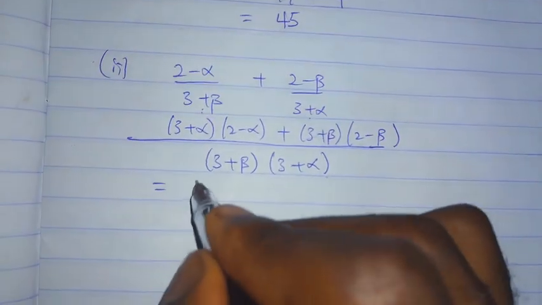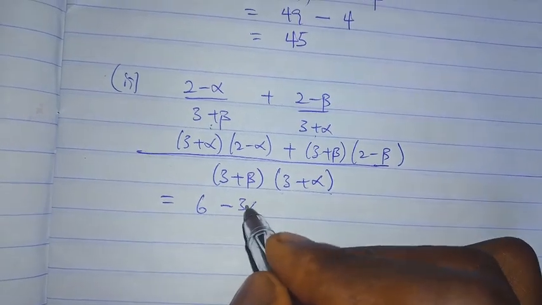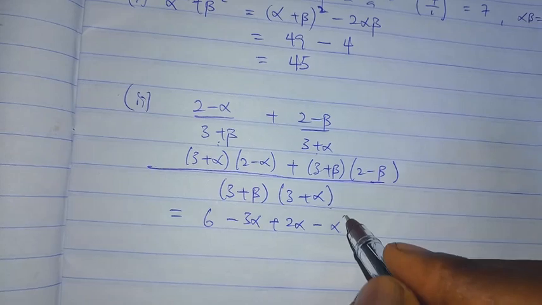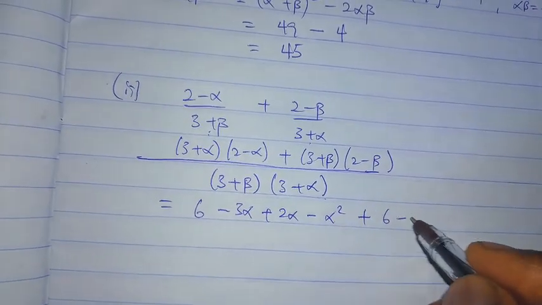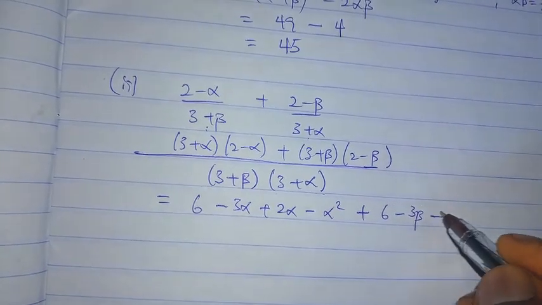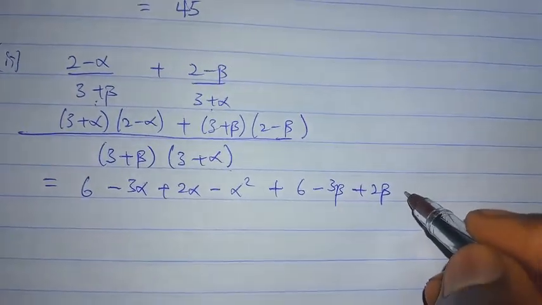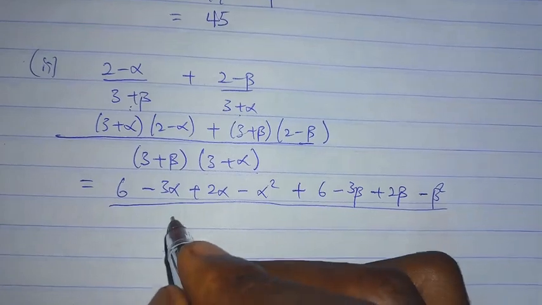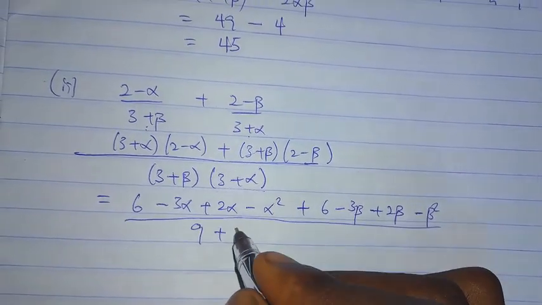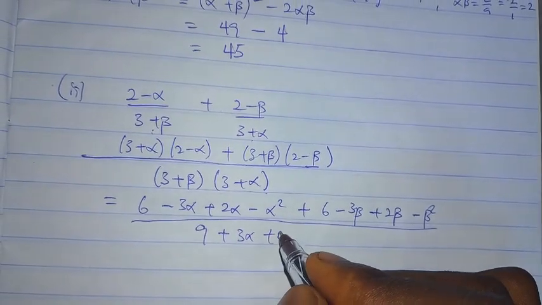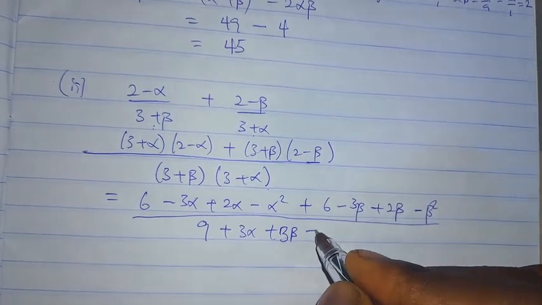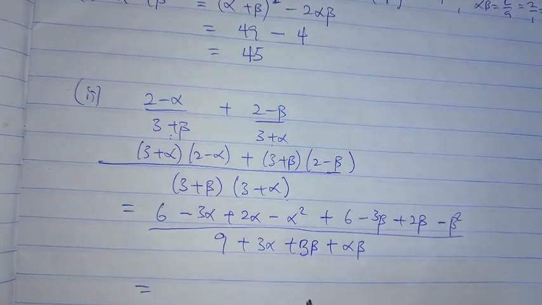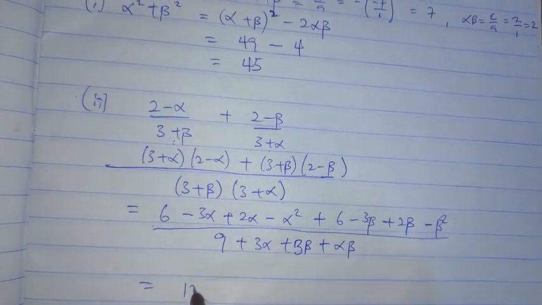Now this becomes 6 minus 3 alpha plus 2 alpha minus alpha squared, plus 6 minus 3 beta plus 2 beta minus beta squared, all over 9 plus 3 alpha plus 3 beta plus alpha beta. Let's check our numerator. 6 plus 6 is 12.